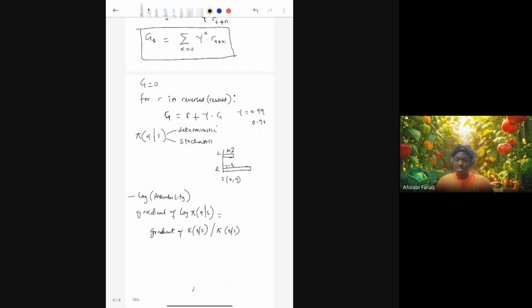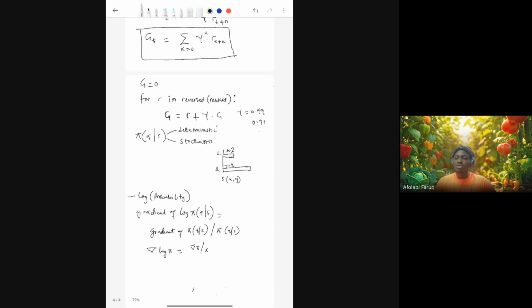So you can say the gradient of the log probability of a policy equals the gradient of the policy divided by the policy itself. In this case, we have a much more scaled output probability.